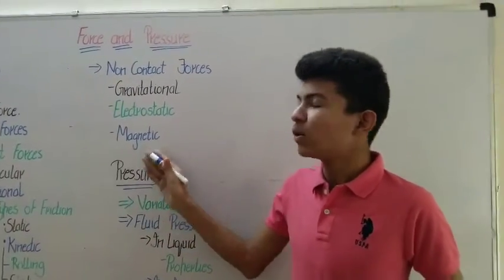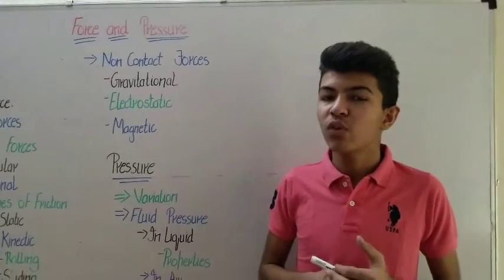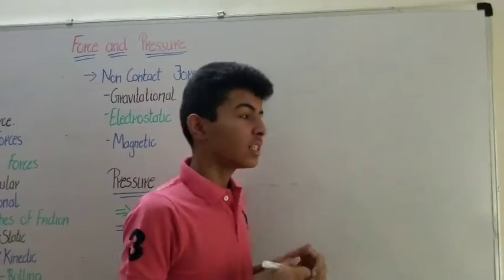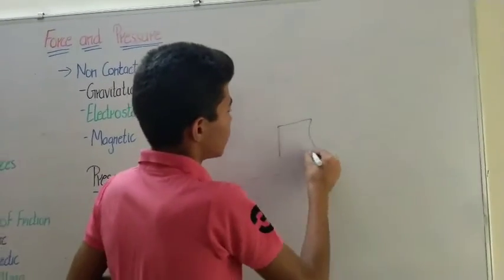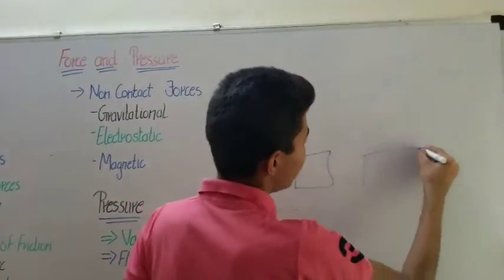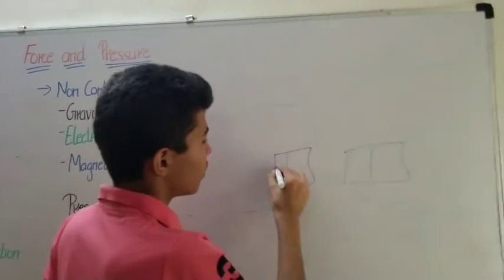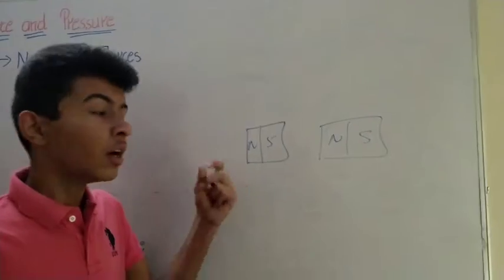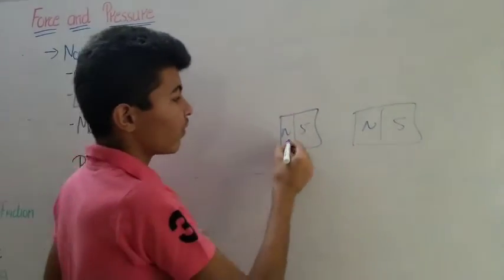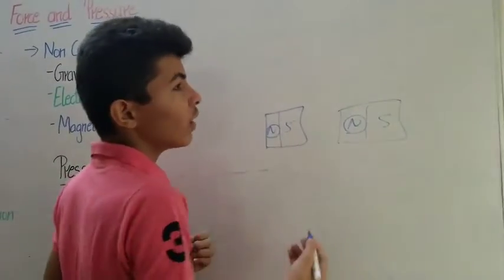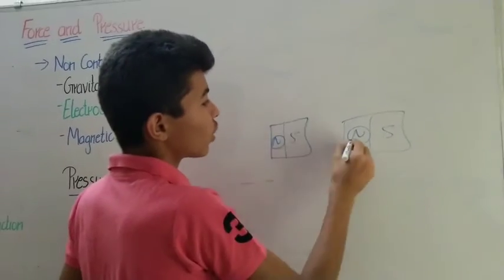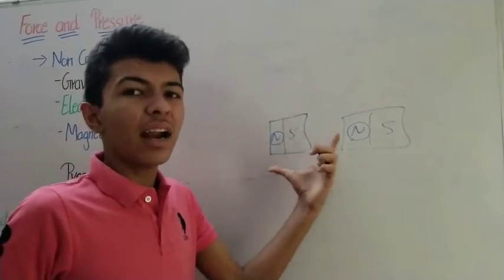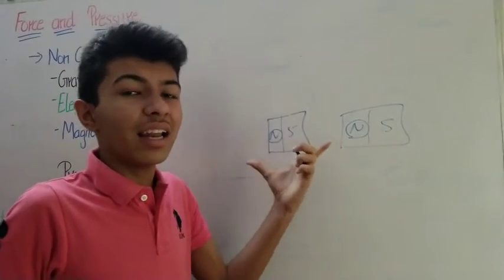So now let's learn about the magnetic forces. So what is the magnetic force? A magnetic force works between two magnets, north and south. If we have a north pole and a north pole, we learn that north and north repel each other, just like like charges repel and unlike charges attract.